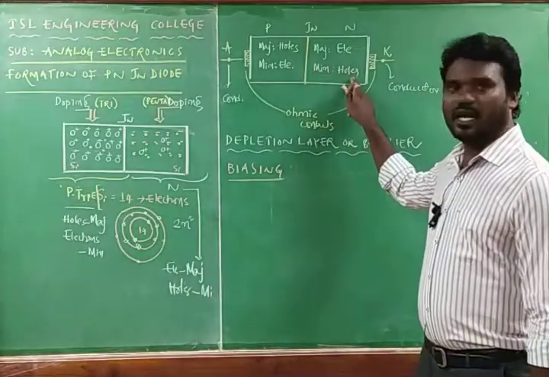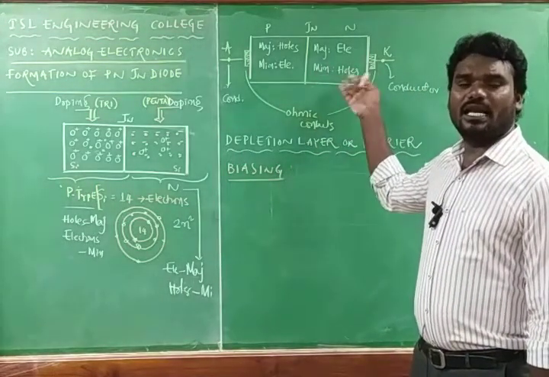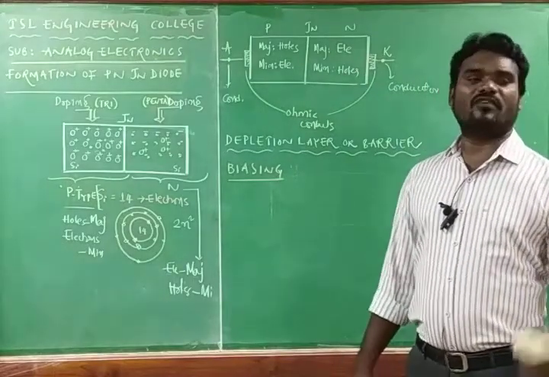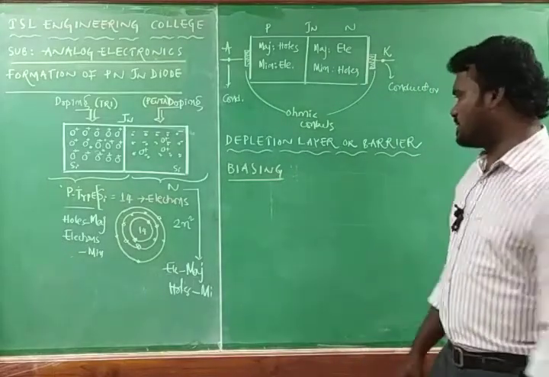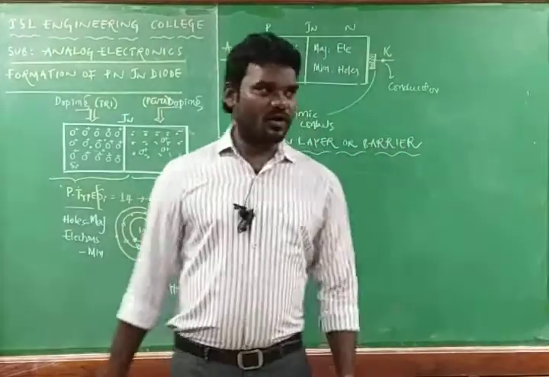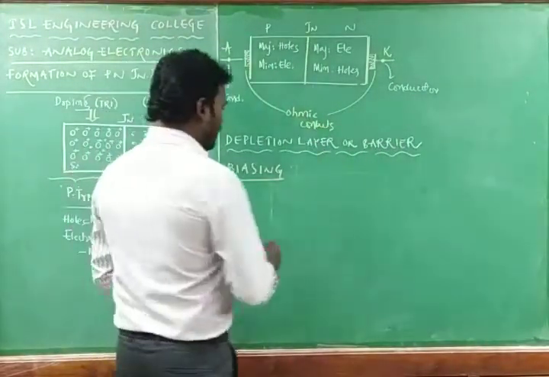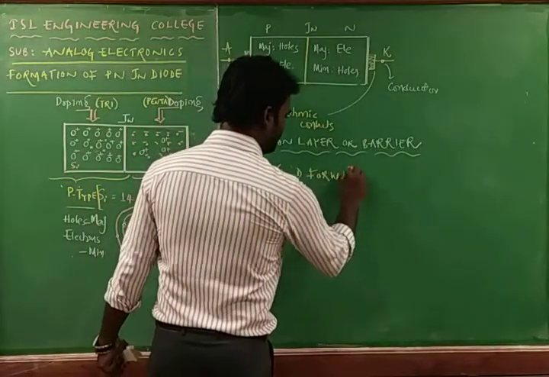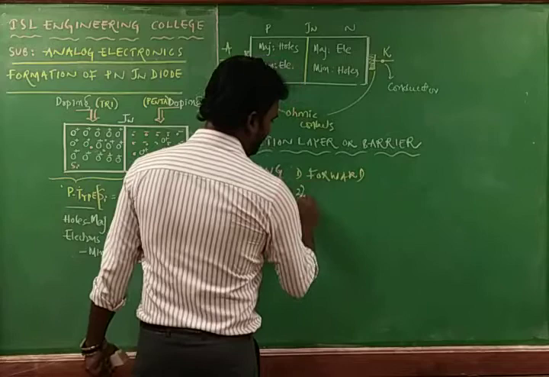To the PN junction diode we can connect the external DC voltage in two ways, named forward bias and reverse bias. So the PN junction diode can be connected in two biasings. The first one is named forward bias, and the next one is named reverse bias.